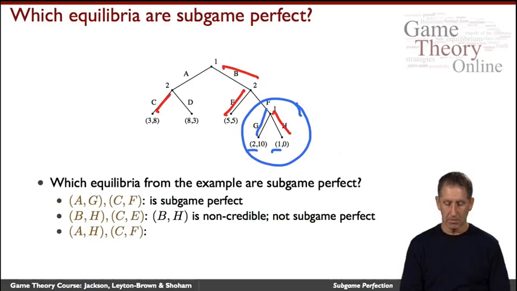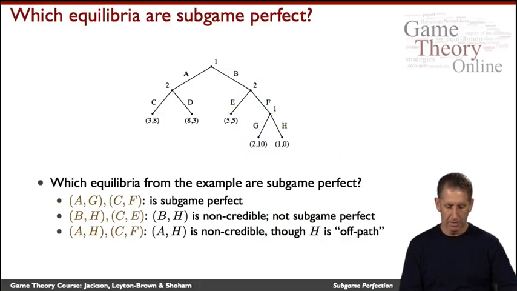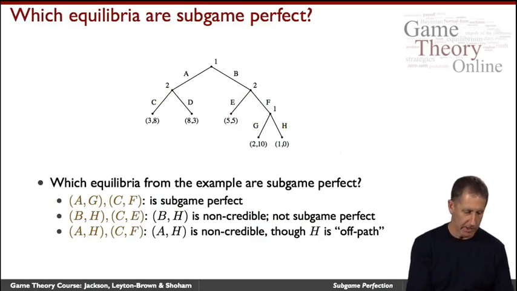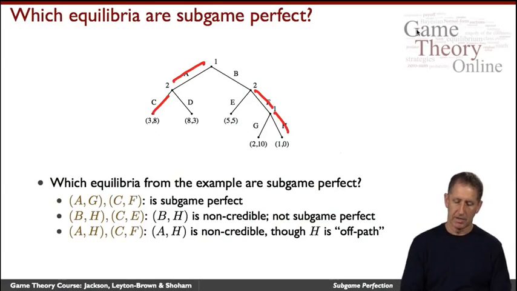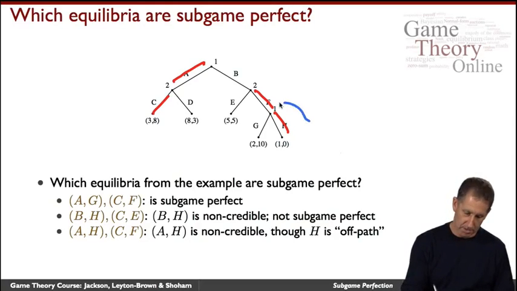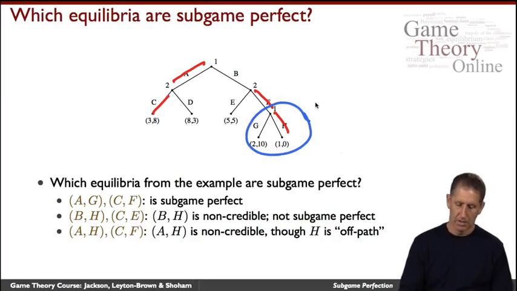And in fact, for the same reason, AHCF will not be subgame perfect. Let's write down what AHCF is. AHCF. You can check that it's a Nash equilibrium, but it is not subgame perfect. Again, this subgame here allows for a profitable deviation on the part of player 1.